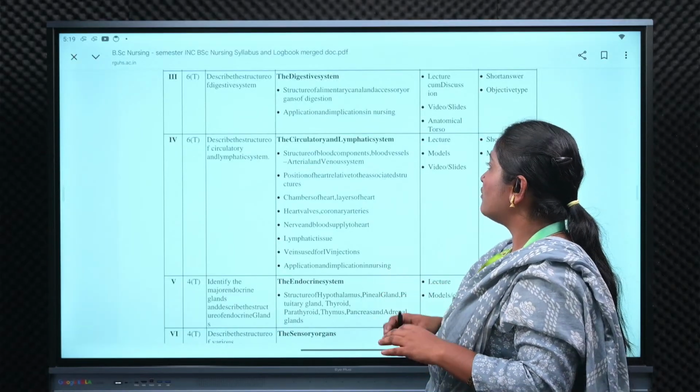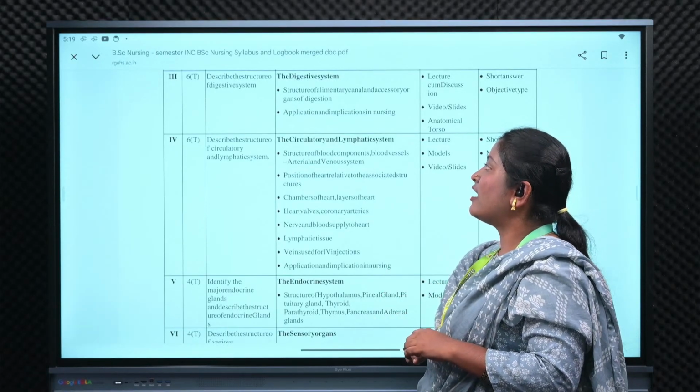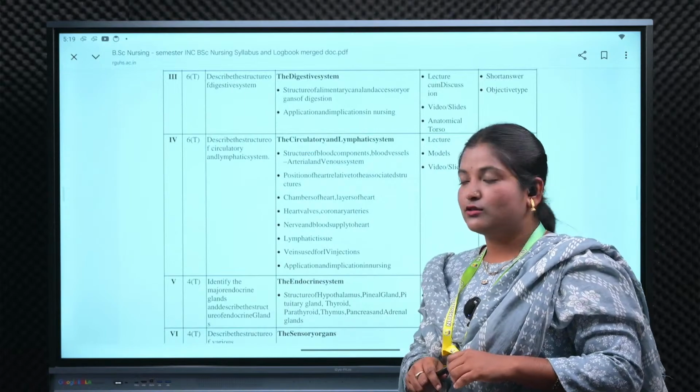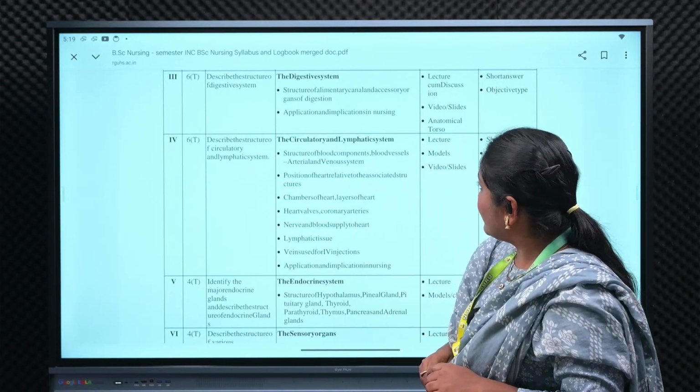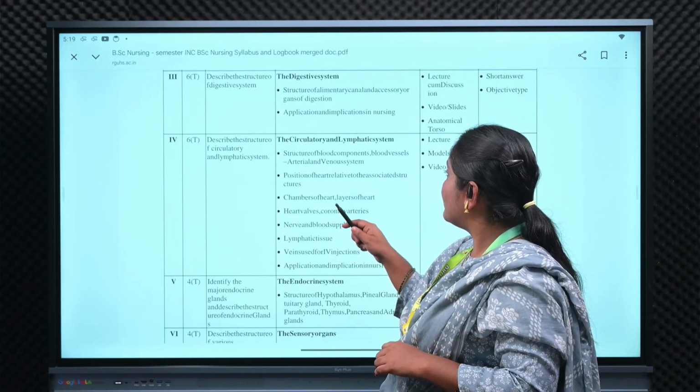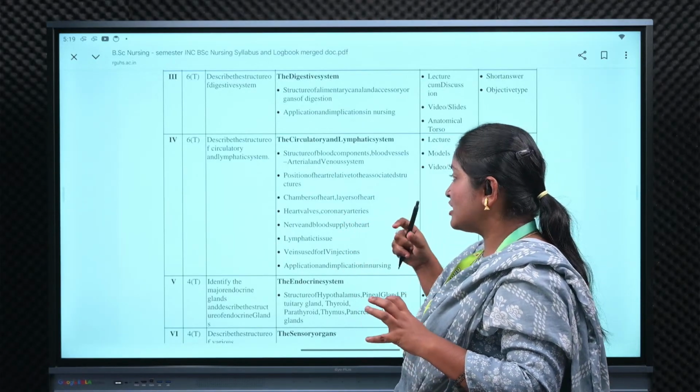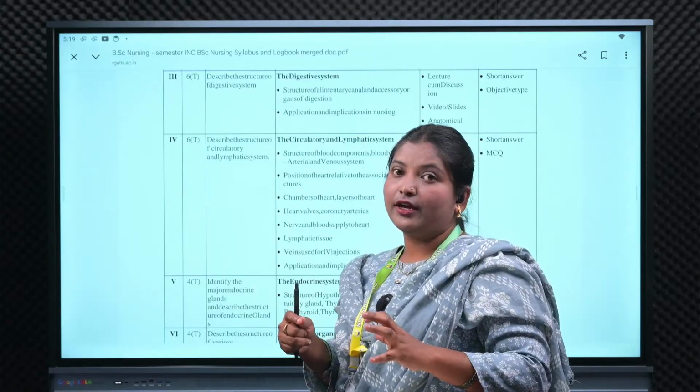Here we are going to mainly learn about the blood, the blood vessels and the blood components, and especially the heart.